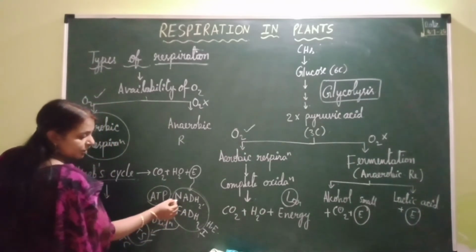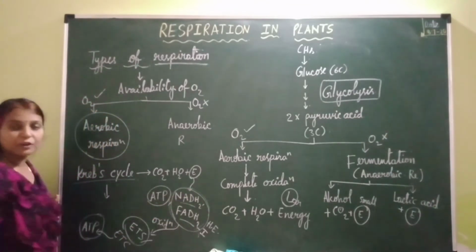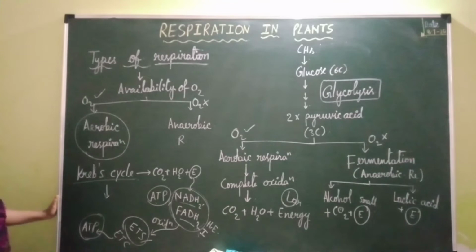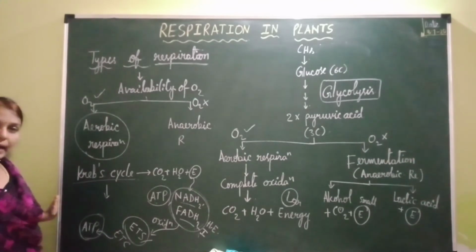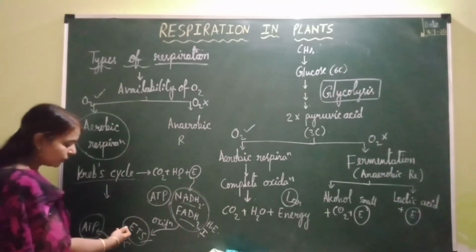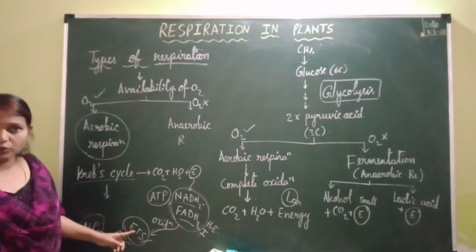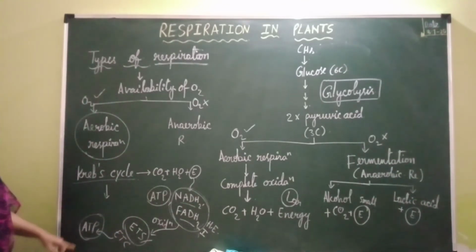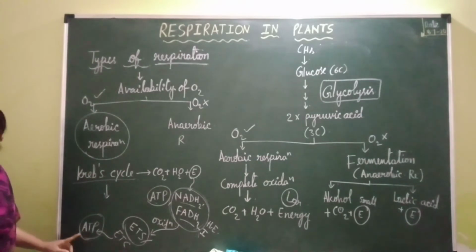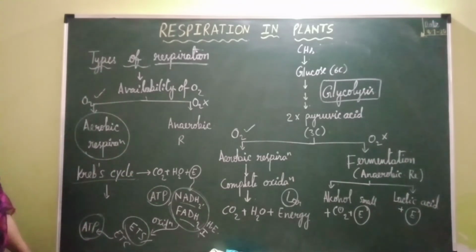Because energy stored inside the cell in the form of NADH2 and FADH2 cannot be utilized by the cell for other energy requiring processes, and hence NADH2 and FADH2 undergo further breakdown through a metabolic pathway called ETS, electron transport system or electron transport chain, through which ultimately ATP is formed. So this is the overview of aerobic respiration and anaerobic respiration.